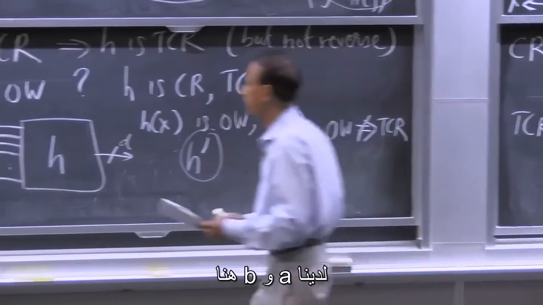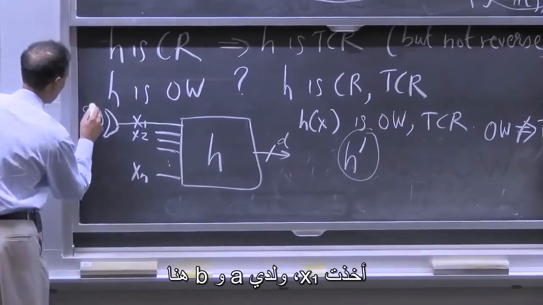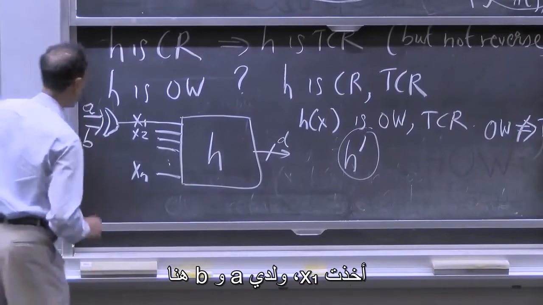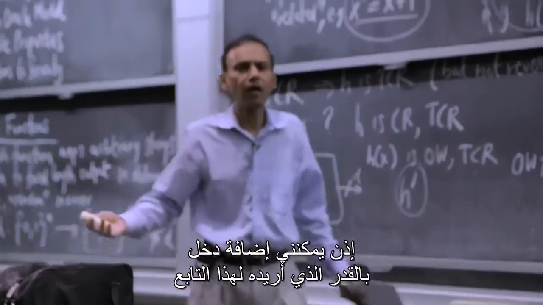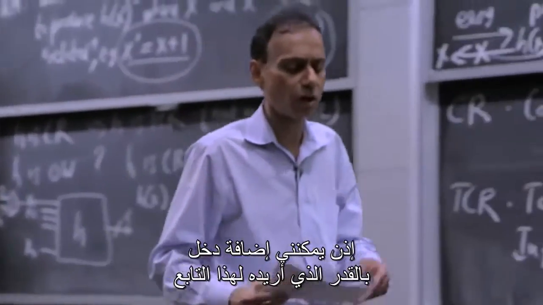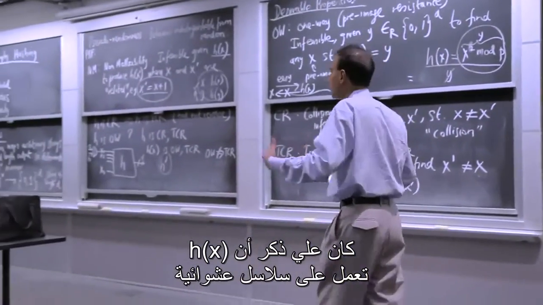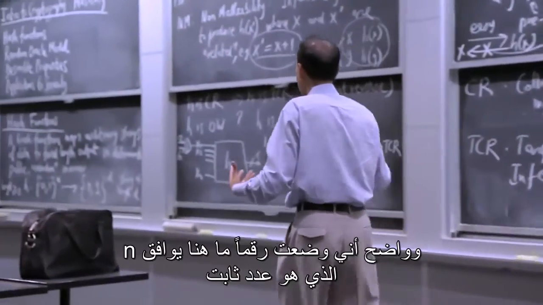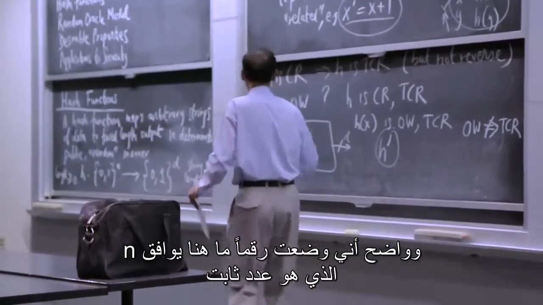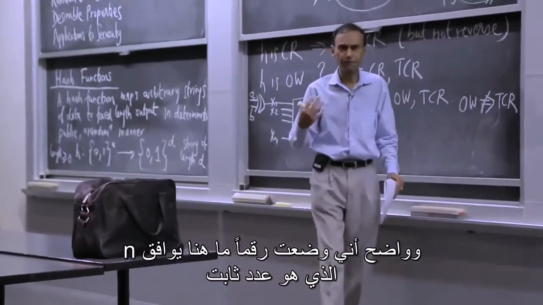So you have A and B here. So I've taken x1 and I have A and B here. So I've added, I can have as many inputs as I want to this function. Oh, I should mention, by the way, h of x is working on arbitrary strings, and obviously I put in some number here that corresponds to n, which was a fixed number.